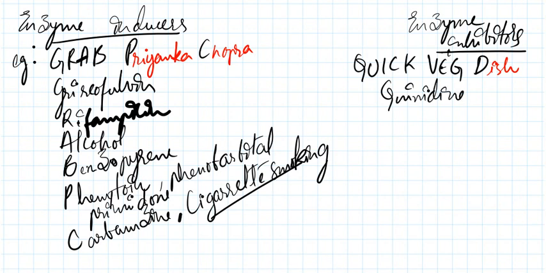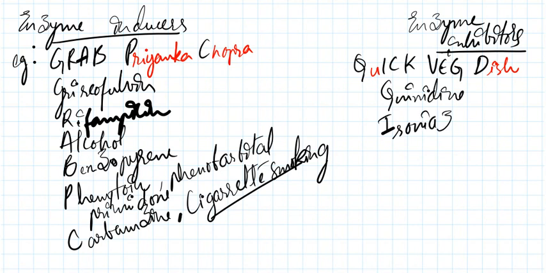And what is the other one? Isoniazid. Quick vegetarian dish: Q for quinidine, I for isoniazid.